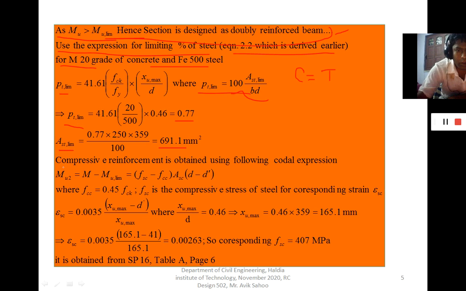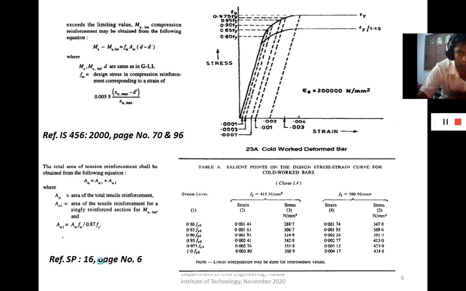Next we find out the compressive reinforcement. We get the compressive reinforcement using the following codal expression. This is the codal expression. Again, one mistake has been made here in the code.